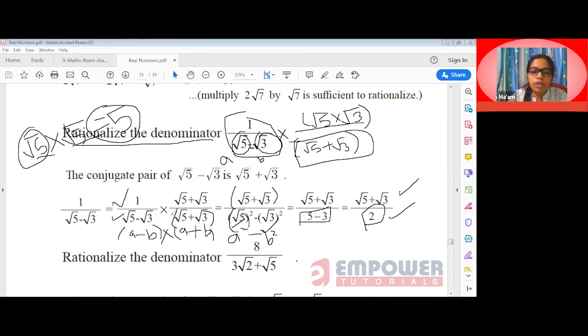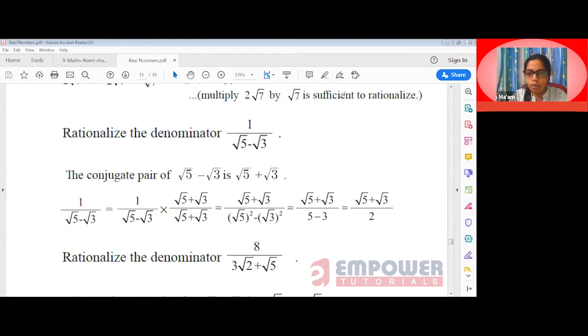So we need to rationalize the number which is present in the denominator. So we will only concentrate on the denominator, not on the numerator. In the numerator you have to multiply it with the conjugate pair, and then if you want to, you can convert it into simplified form. So again we will see the next example for more understanding.